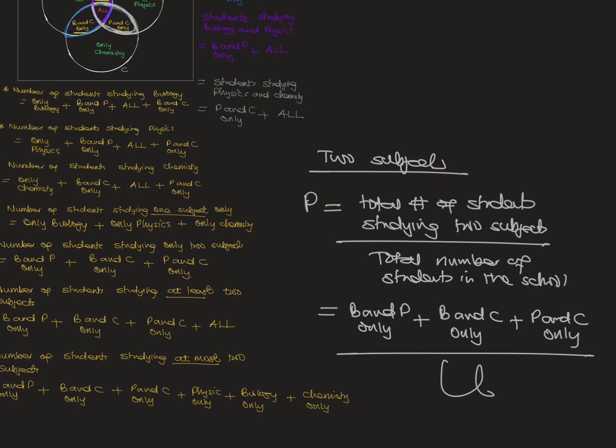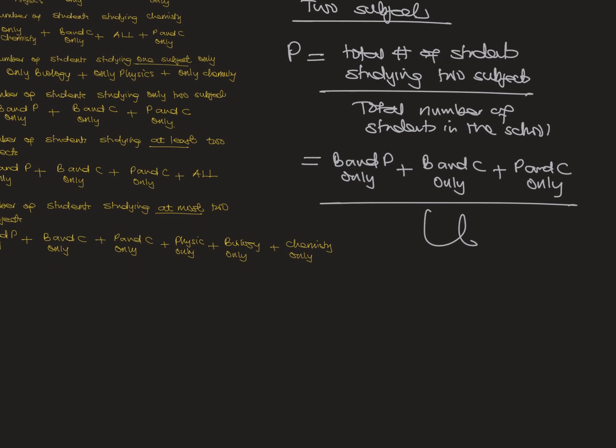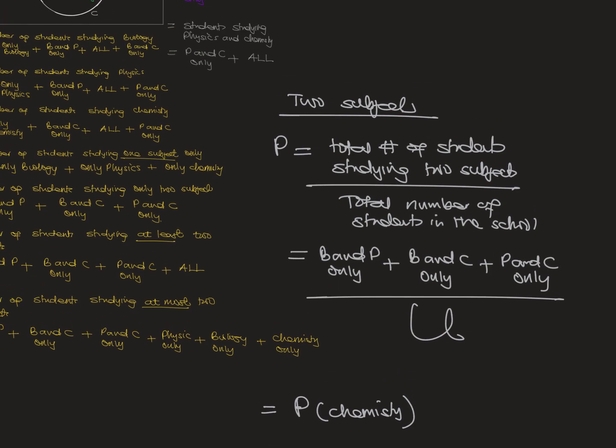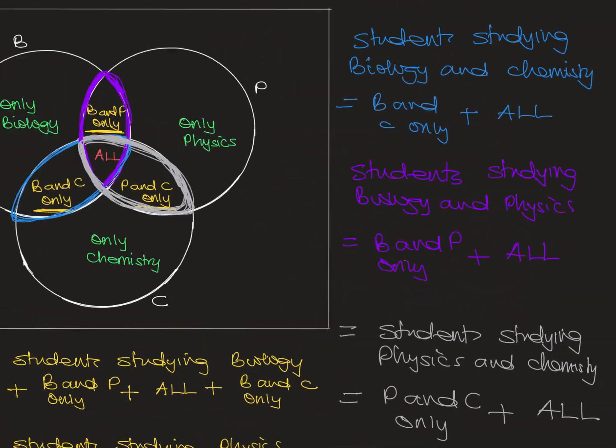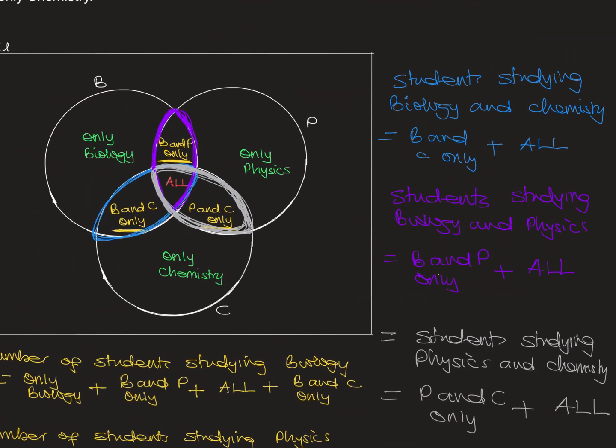You get that? So what is the probability of students studying chemistry? That will be what? So you have to find the total number of students studying chemistry. How do you identify that? It's different from only chemistry, right?